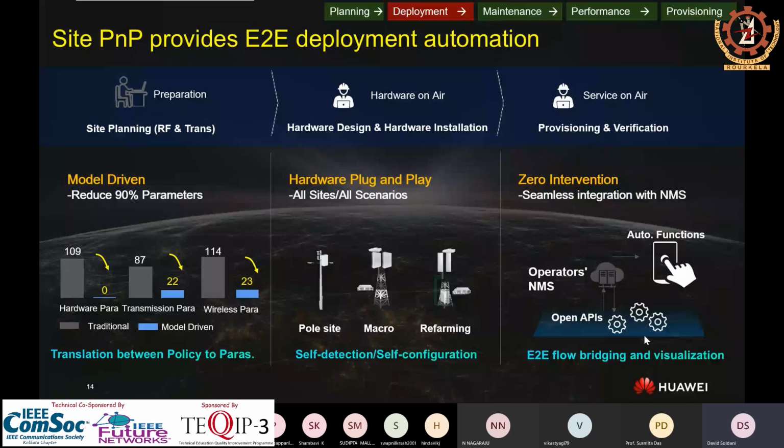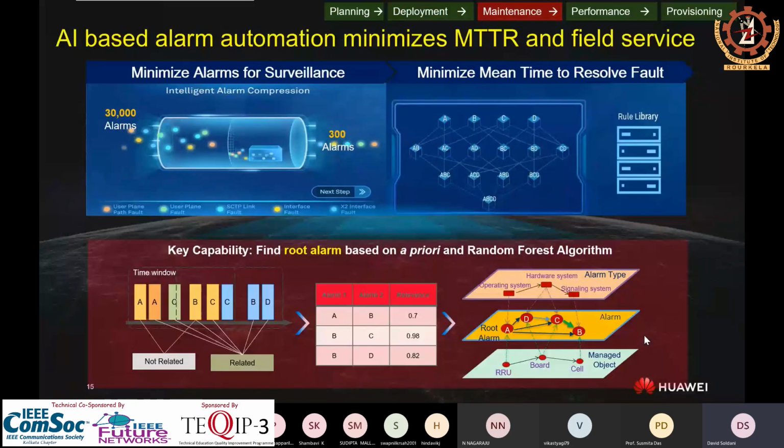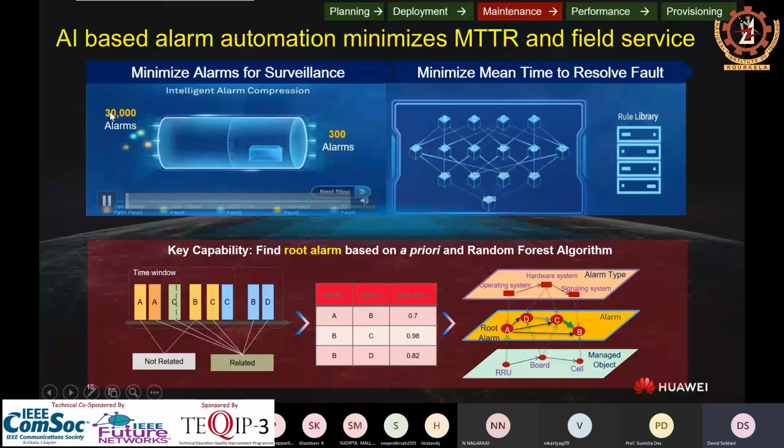The other important application we have is on alarm automation. So we are after the troubleshooting here. We have a massive number of alarms, so the first thing we need to do is to reduce the number of alarms. In this case, we have shown that we may shift from 30,000 down to 300 alarms.